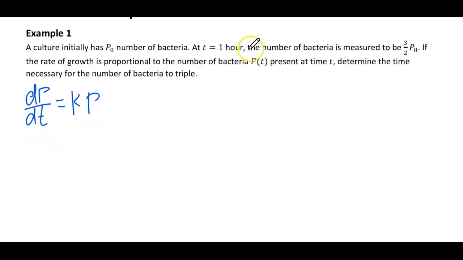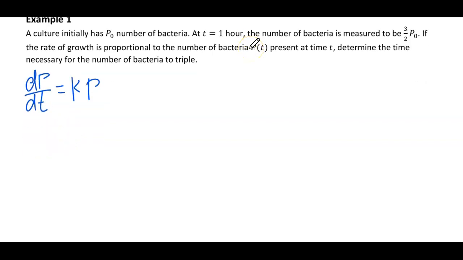My method that I would choose is separation of variables. I would move P over with my dP. I would leave k, which is just your constant of proportionality. k is what k is. It depends on the bacteria, the growth rate, those types of things.